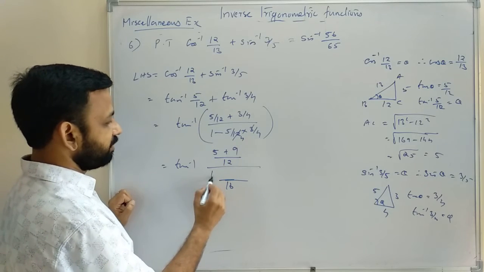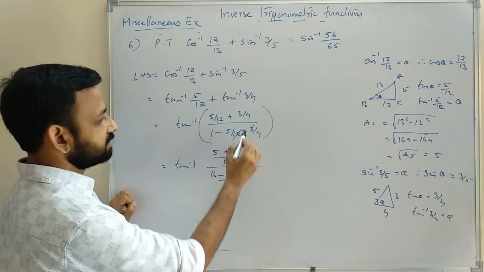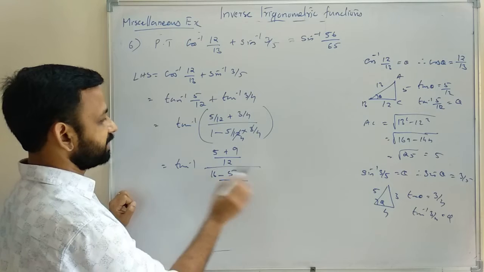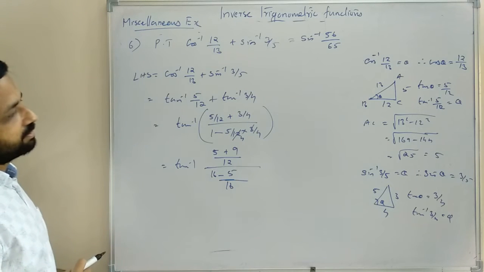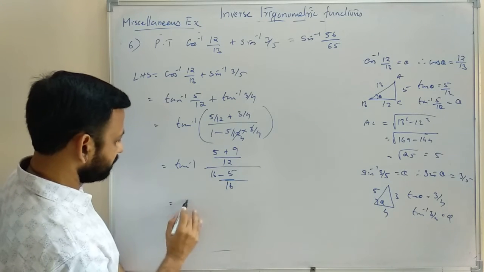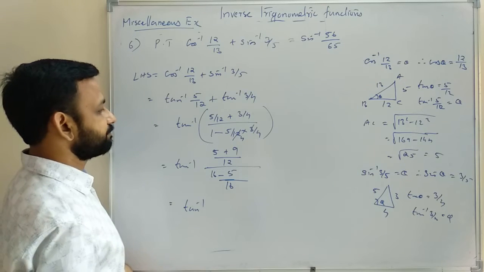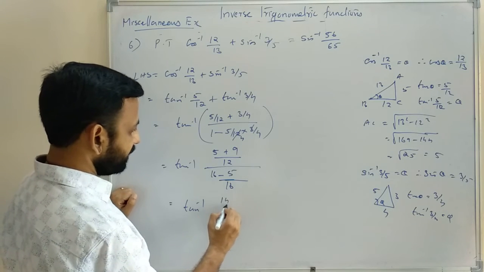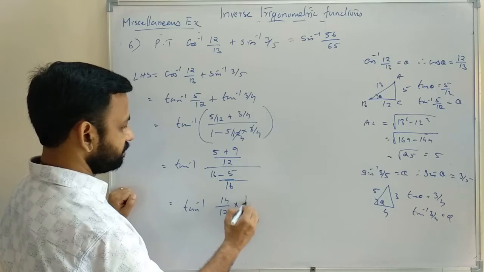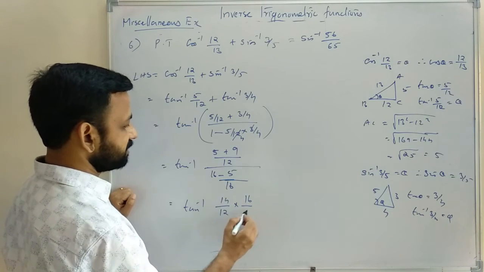Then the numerator will be 16 minus 5. That is equal to tan inverse 14 upon 12 into 16 upon 16 minus 5, that is 9.